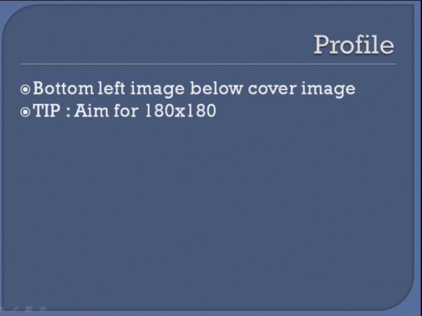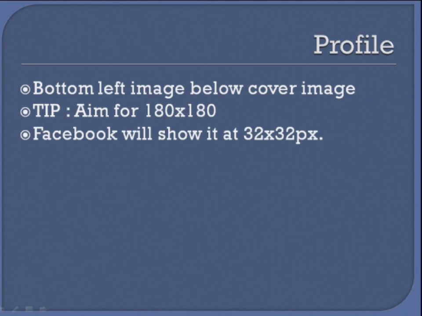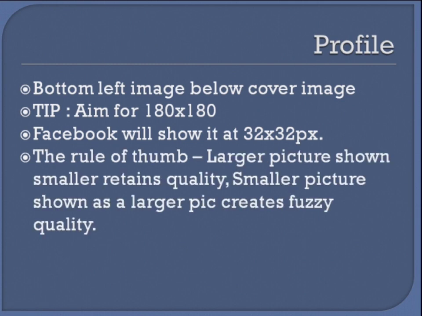The tip is to aim for a 180 by 180 pixel size, because Facebook is going to show it at 32 by 32 pixels. The rule of thumb is if you go from a larger picture and it decreases to a smaller picture, it retains the quality.